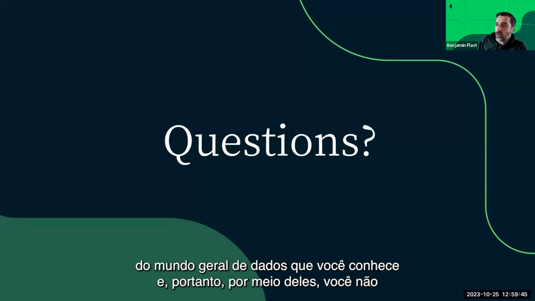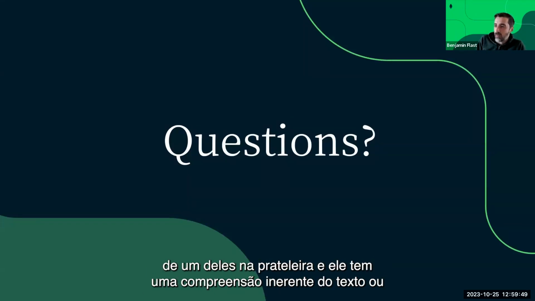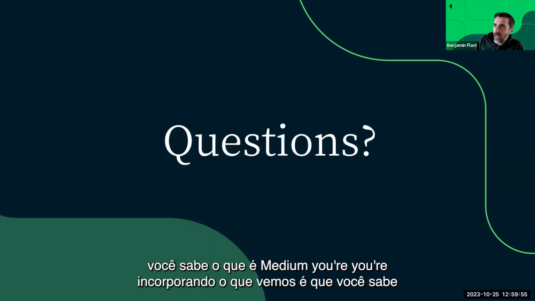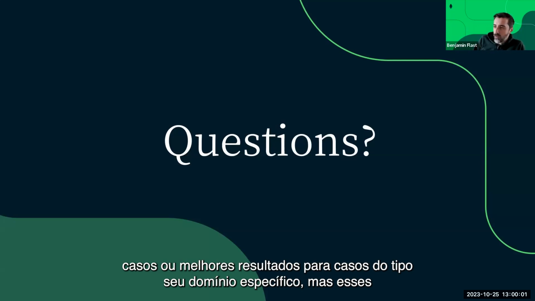Through them, you don't actually need to be an AI or data science specialist. You can just take advantage of one of them off the shelf, and it has an inherent understanding of text or whatever medium you're embedding. In the future, people may want to fine-tune to get to specific use cases or better results for their specific domain.